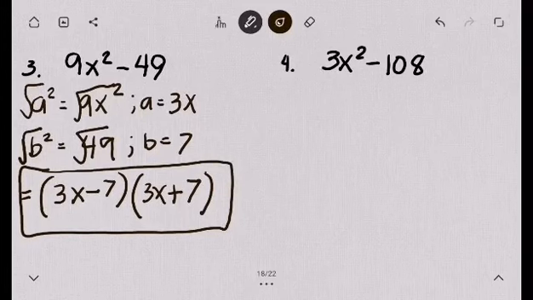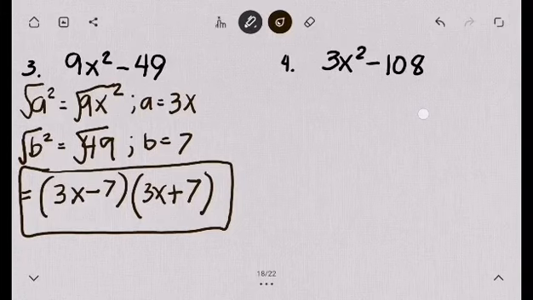Okay, so punta tayo sa pang-apat. So, upon inspection, yung ating fourth example, so hindi siya perfect square, yung 108. Ganon din yung 3x square. So, if that's the case, baka meron pang ibang factoring technique ang pwede nating gawin.